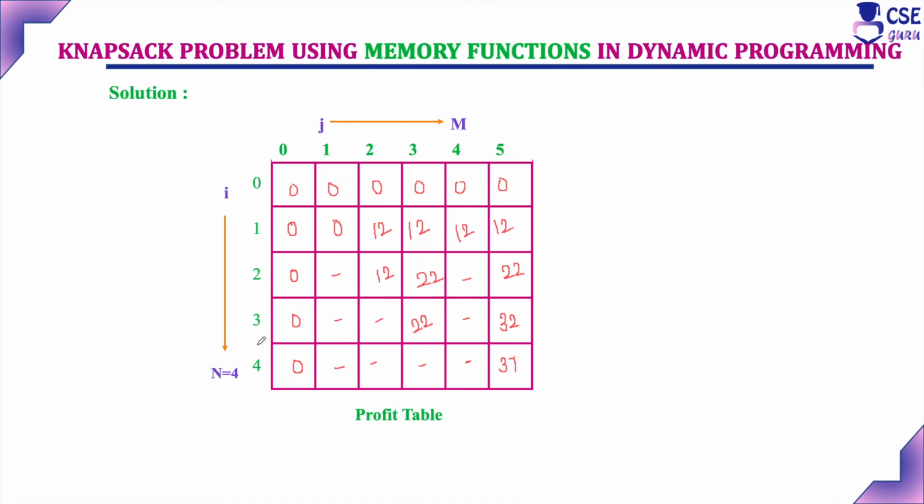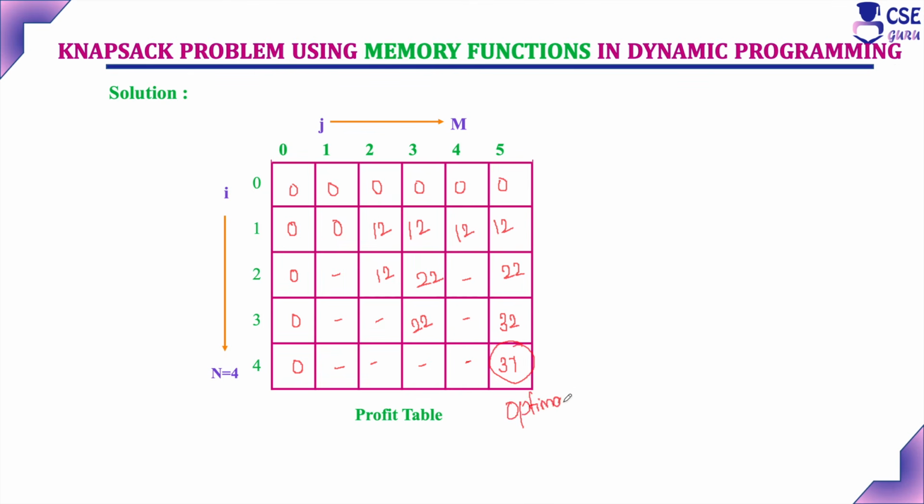Next, we considered the third object and computed the sets 3, 1, 3, 2, up to 3, 5. And this continuous procedure we applied. So there we need to find the profit for each set. But in the memory function method, it is not necessary. Whichever set is required, only for that set we have computed the profit. And we have obtained the optimal solution.